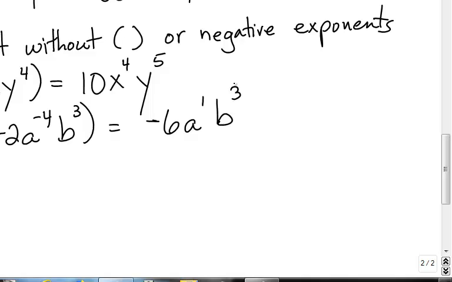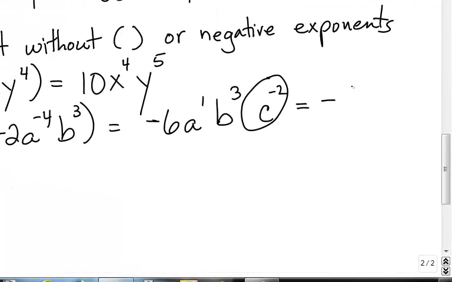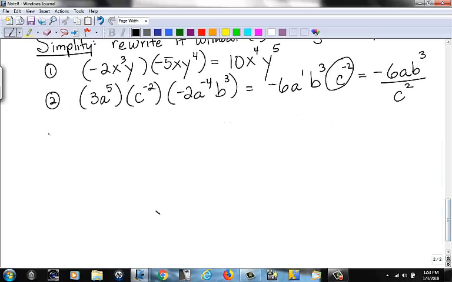C to the negative 6. The only one that goes down. Why is it c to the negative 6? We need c to the negative second. Sorry, that's my fault. C to the negative 2, right? The only one that goes down is that c. So the negative 6ab to the third stays up, all over c squared. Okay? Everybody okay with that?